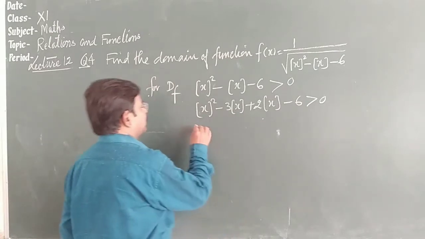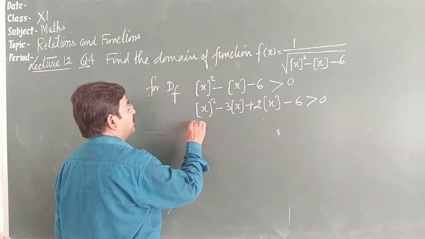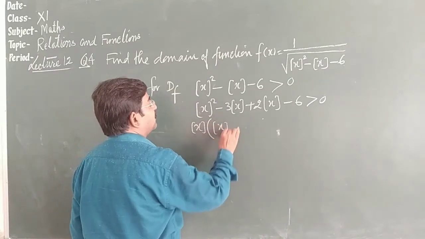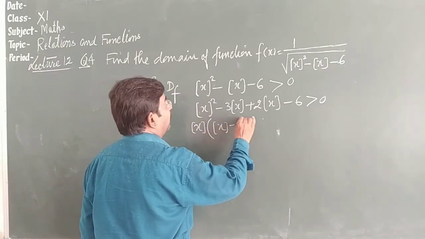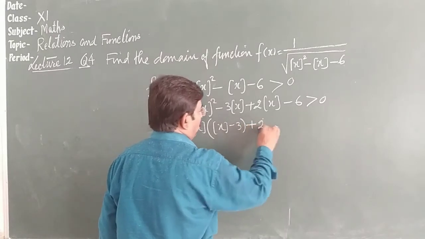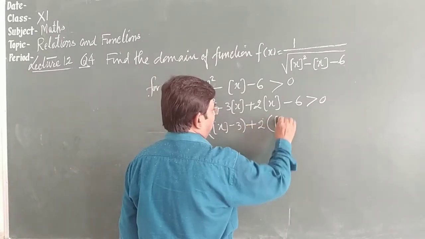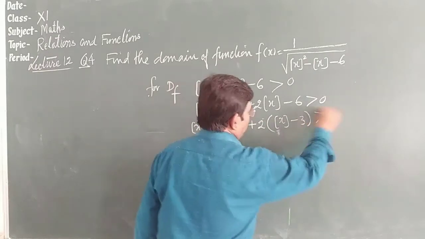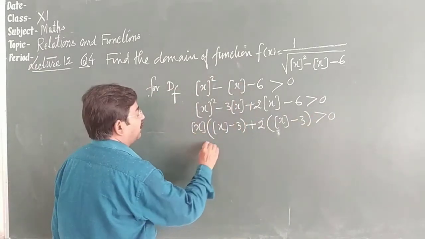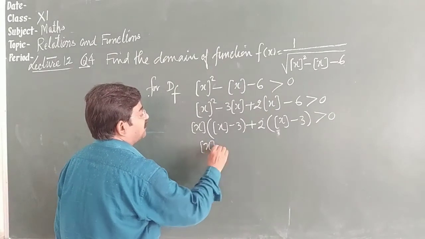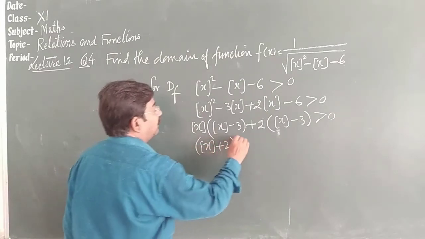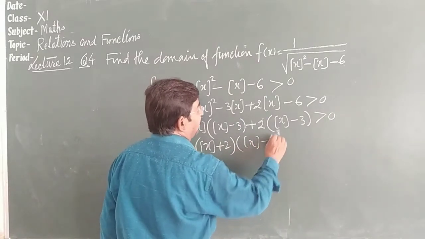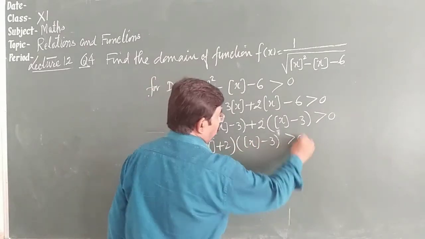Here we have [x] common. So we have [x] − 3 and plus 2 is common. We have here [x] − 3 is more than 0. So the factors are ([x] + 2) and ([x] − 3), whose product is more than 0.